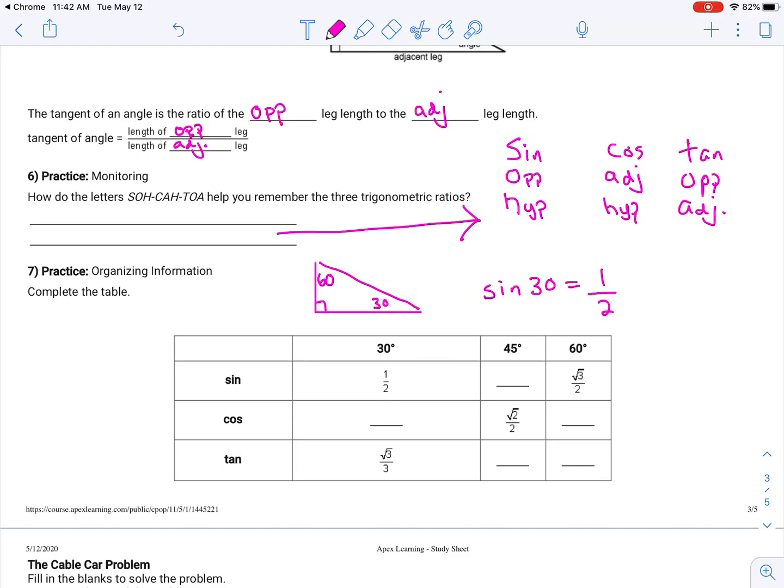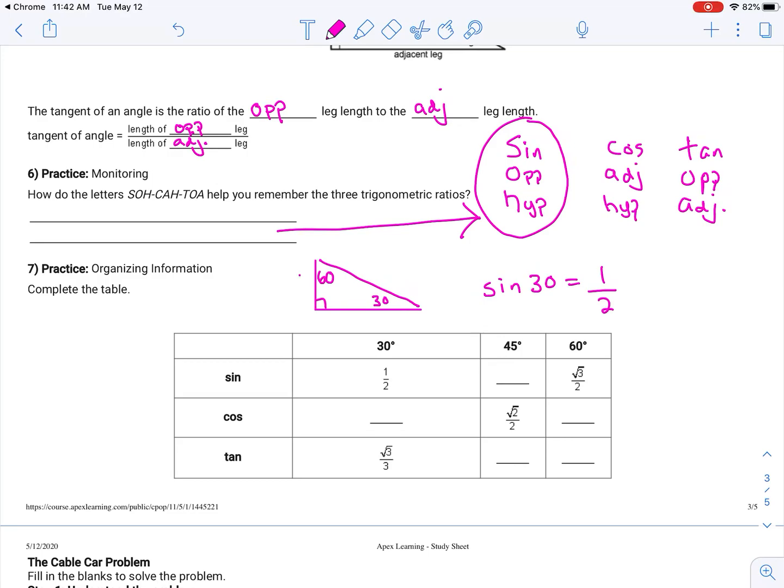So think about what the sine is. Sine is the opposite over the hypotenuse. So remember, the length of the short leg is half the length of the hypotenuse. So sine of 30, sine is opposite over hypotenuse, so here's 30. What's opposite? 1. What's hypotenuse? 2. So that's why it's 1 over 2.